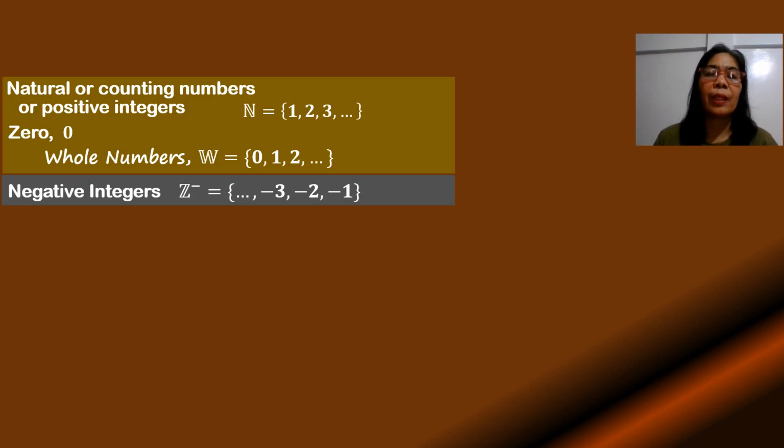Negative because they are directed to the left from 0. So we call them the negative integers. The negative integers and the whole numbers make up the set of integers. We use Z to denote the integers. This is actually from the German word Zahlen, which means number.